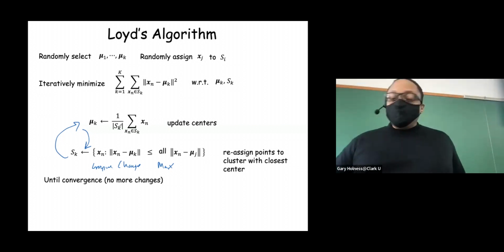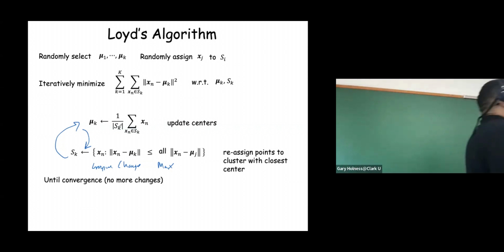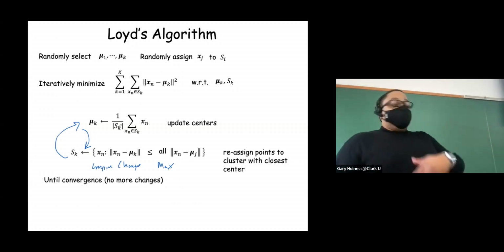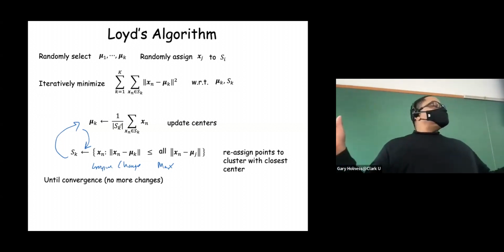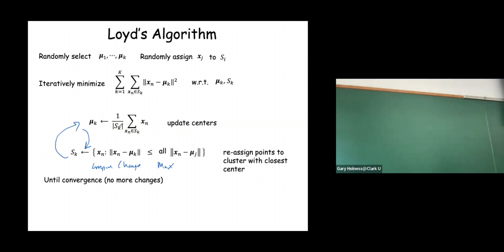And so you keep doing this alternation until one of two things happens. It converges. That means the points no longer change their grouping. And what happens when they no longer change their grouping? The center remains the same. If you recalculate the center and nobody's changed groups, the center mu sub k for each one of the groups is going to remain fixed.